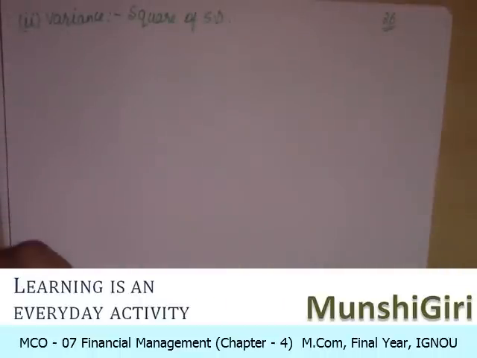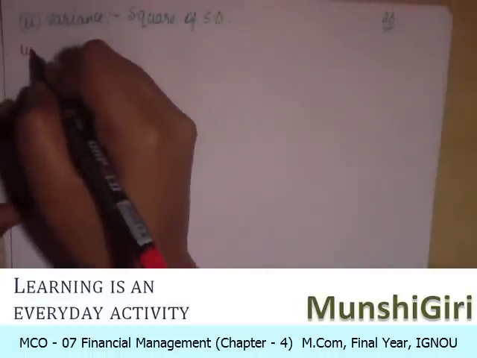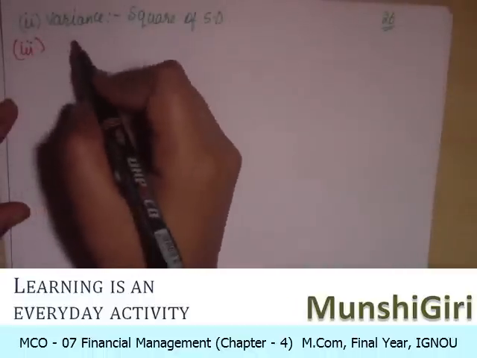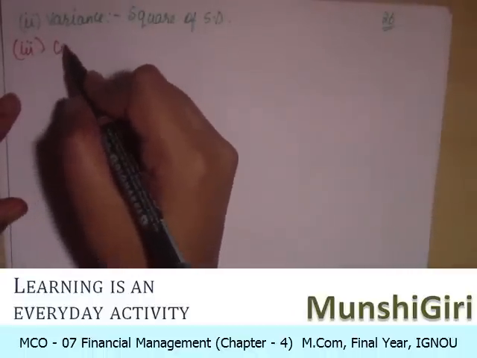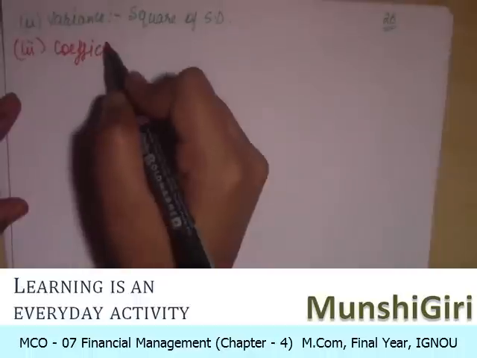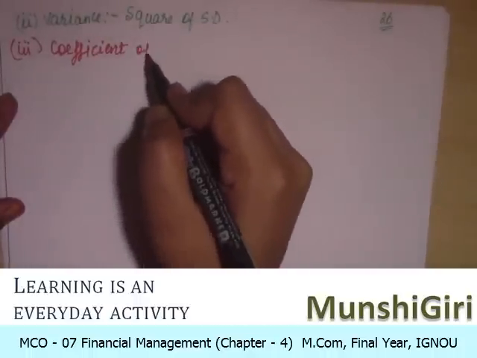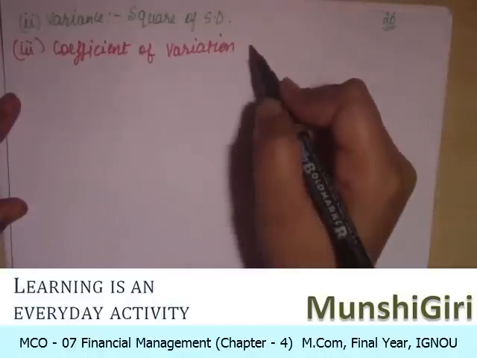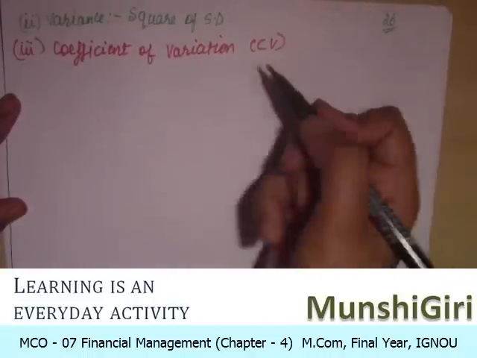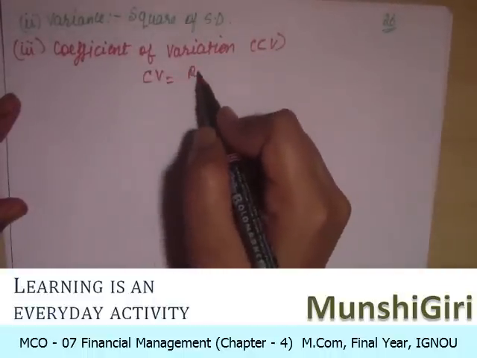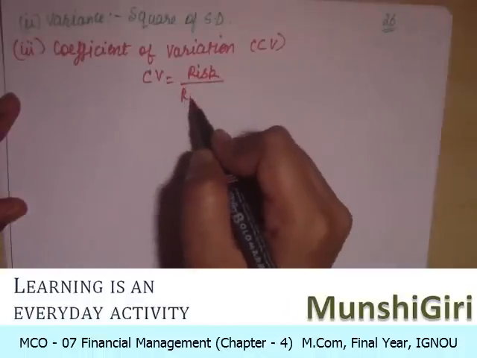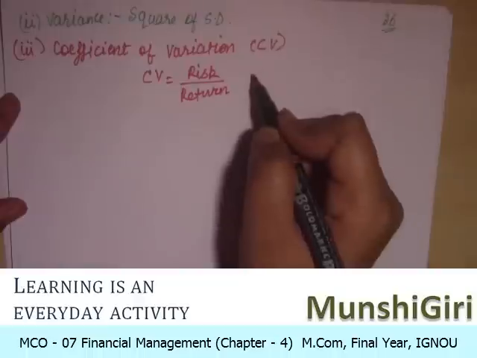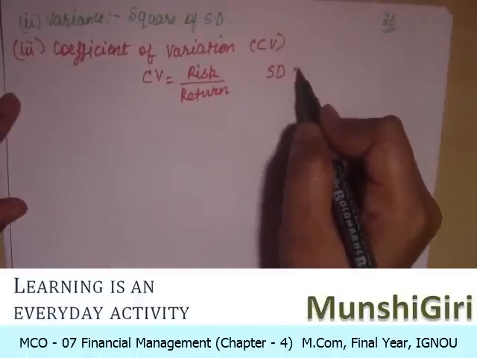Now coming to the third measure, that is coefficient of variation, in short known as CV. CV is risk divided by return. Risk is standard deviation.